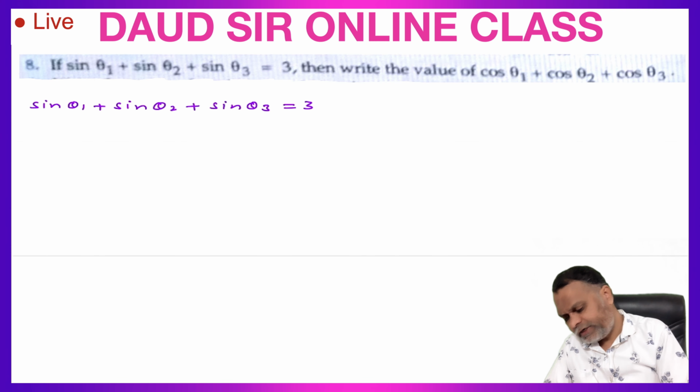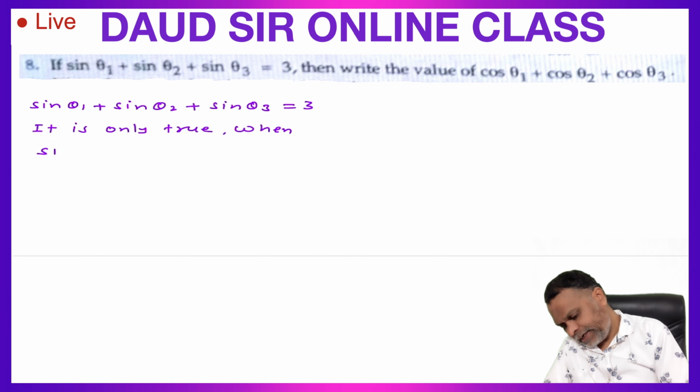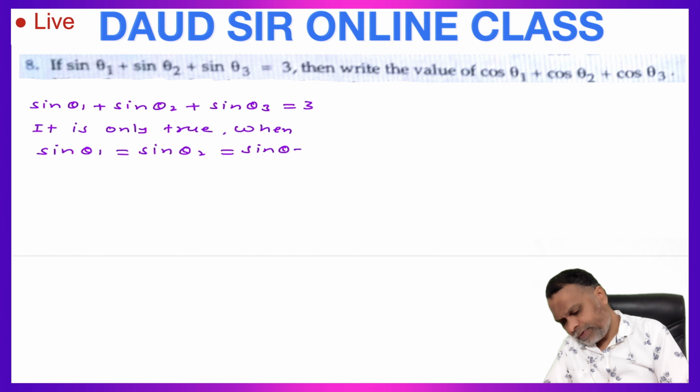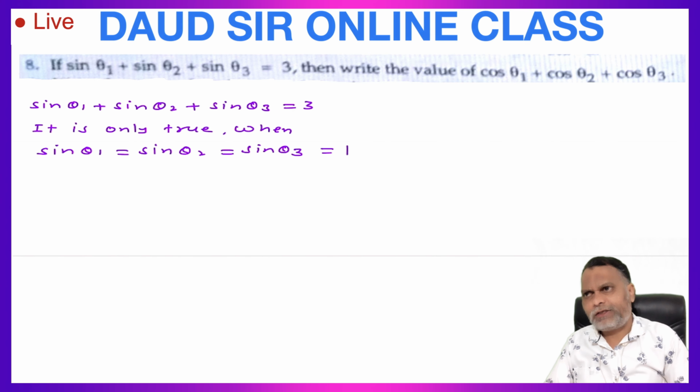So it is only true when sin theta 1 is equal to sin theta 2 is equal to sin theta 3. If all these three values are equal to 1, then this condition will be satisfied. 1 plus 1 plus 1, 3.